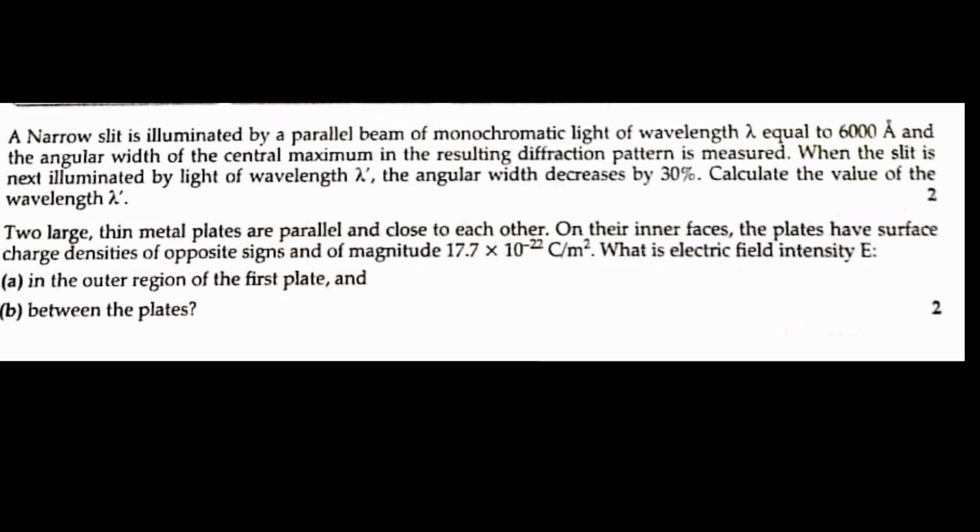When the slit is illuminated by a wavelength lambda dash, first we use the wavelength 6000 angstrom, and after that we use another wavelength for illuminating the slit. Then the angular width decreases by 30%. Then here we have to calculate the wavelength lambda dash, that is the new wavelength we have to find.